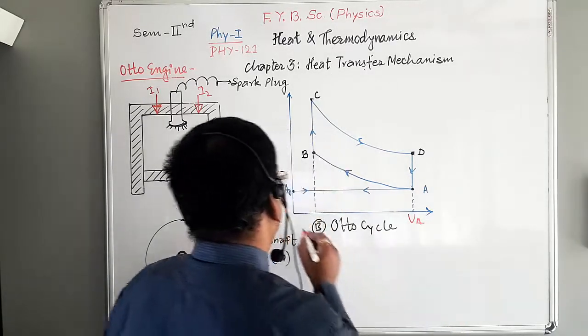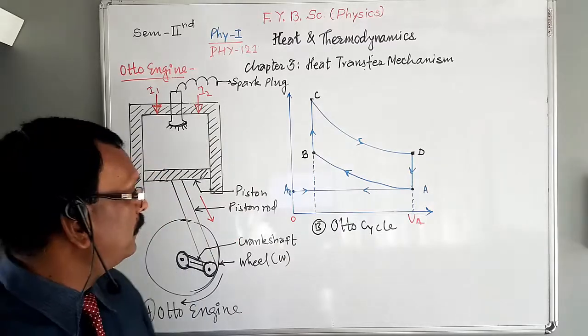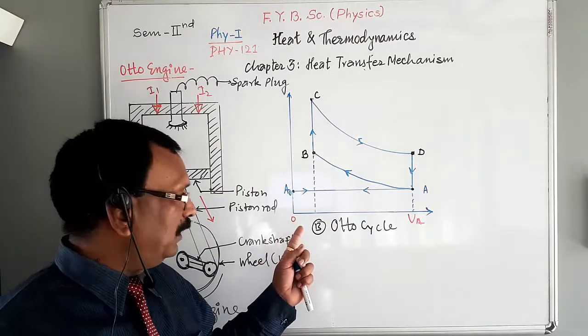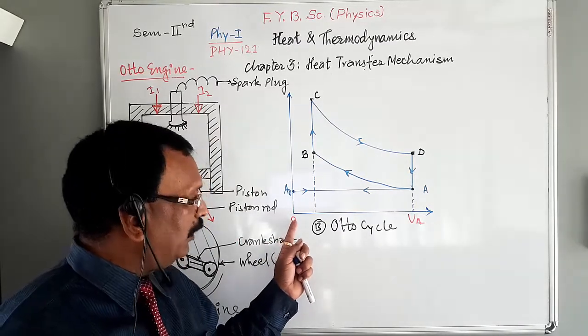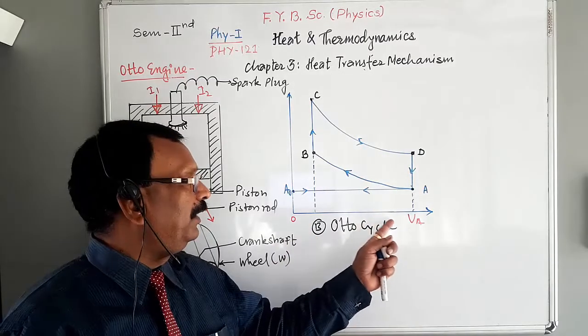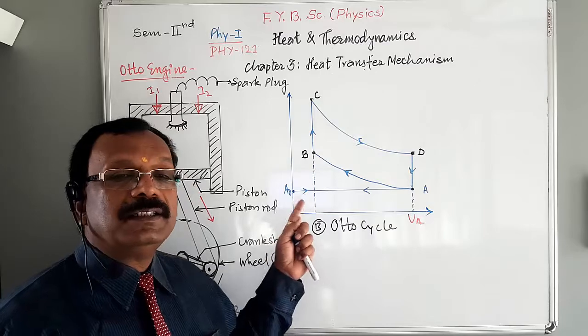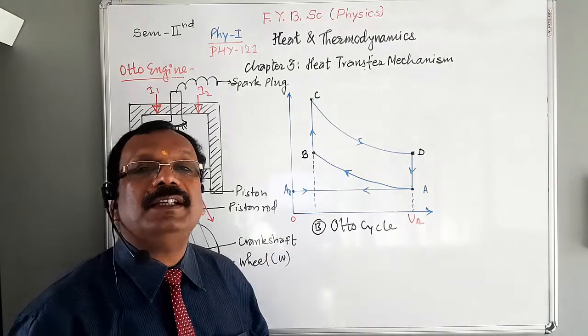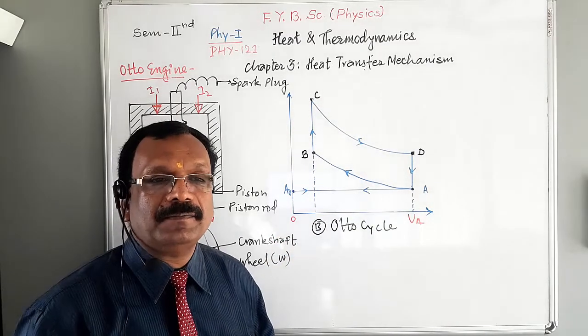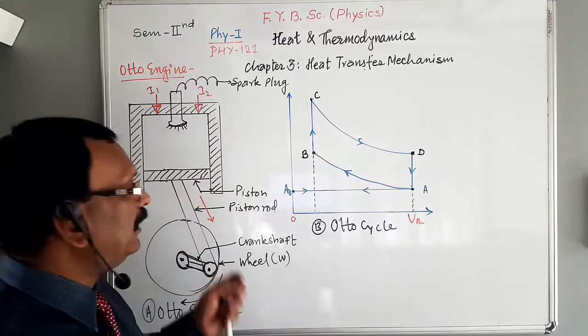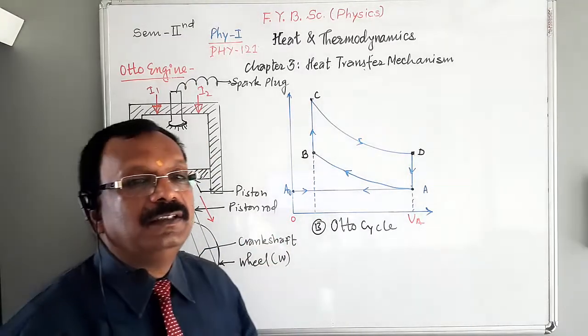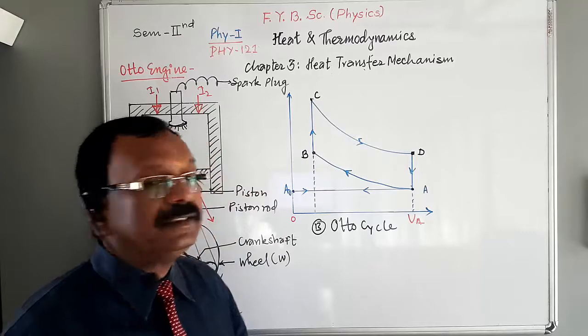This change in volume, 0 to VA, is at constant pressure, that means the change in volume is isobaric. In this way, the first stroke and operation is completed.